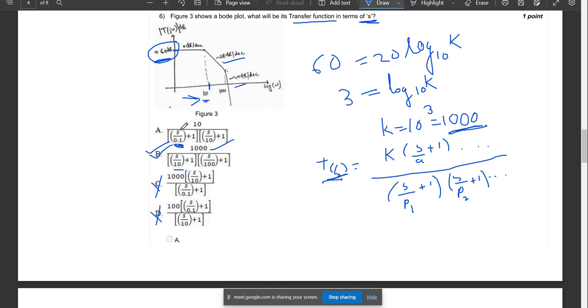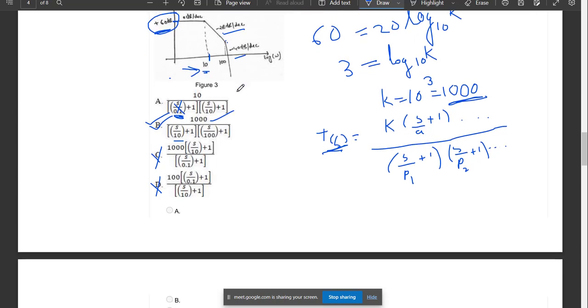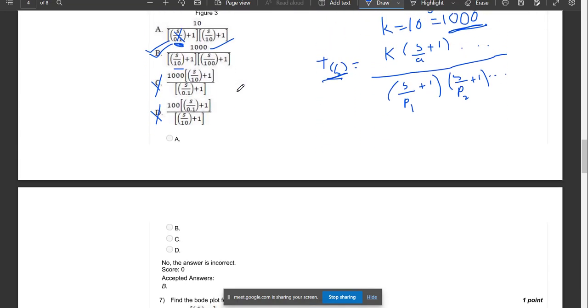There is no pole at 0.1; the poles are at 10 and at 100. Got it? Any doubt? No, ma'am. Okay.